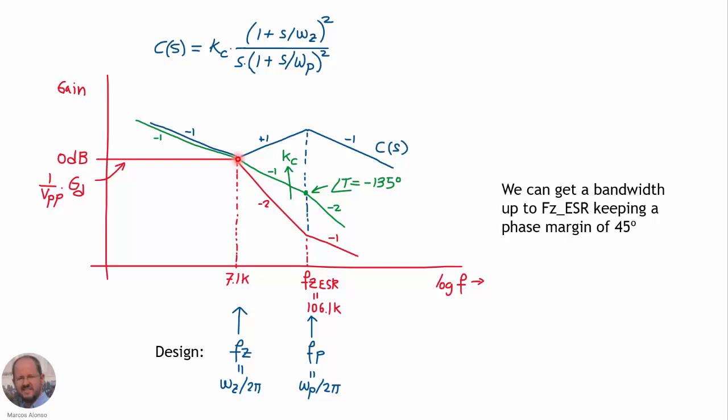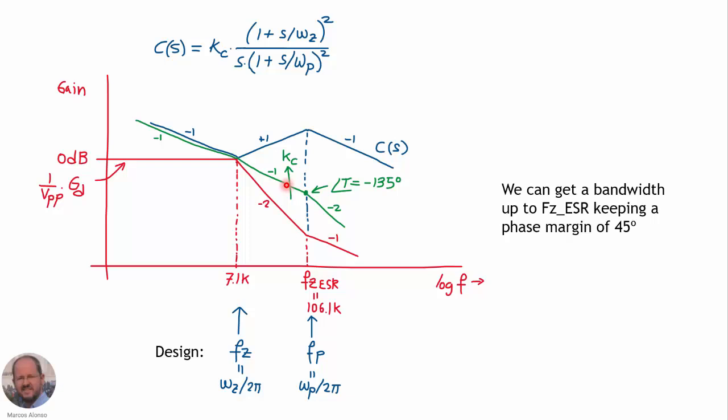Then these two zeros are going to compensate the effect of the poles of the buck converter. So the loop gain is going to come with a pole at the origin. So it's going to have a slope here of minus 20 dB per decade, and here there is no effect of any zero or any pole, so the gain is going to continue at minus 20 dB per decade in this area also.